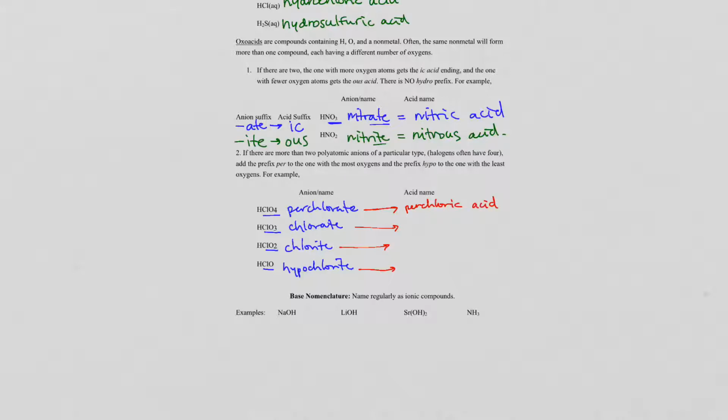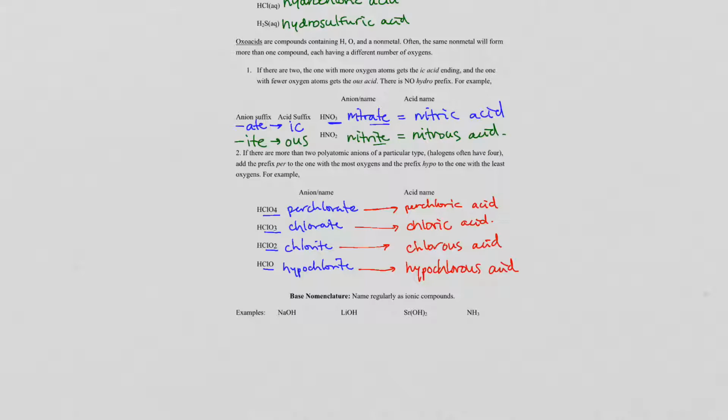Chlorate, exactly as you think: chloric acid. Chlorite, so remember, same root, but now we go to "ous": chlorous acid, and hypochlorous acid.